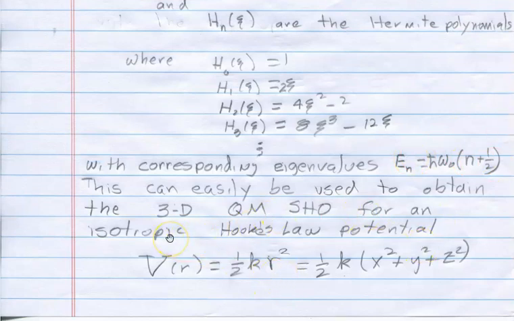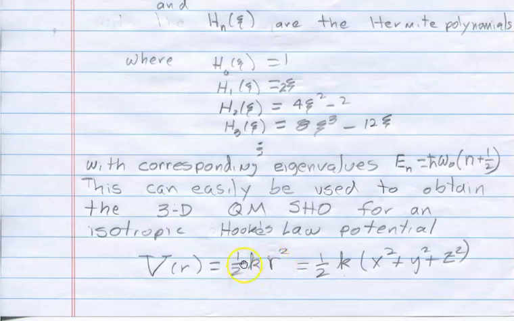For an isotropic Hooke's law potential in 3 dimensions, it's of this form. It only depends on how far you are from the origin, how much the spring has been stretched. And r is the distance from the origin, the stretch in the spring. We're assuming a spring that has 0 equilibrium length, and that's what really makes this the simple harmonic oscillator.